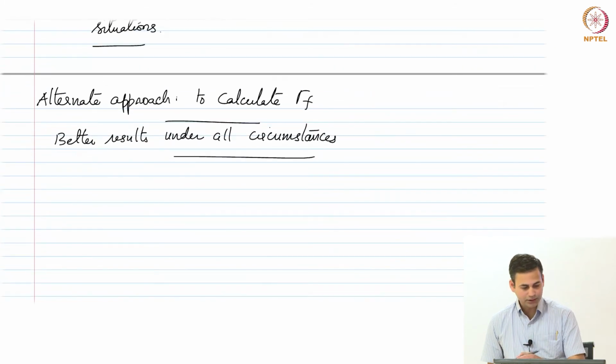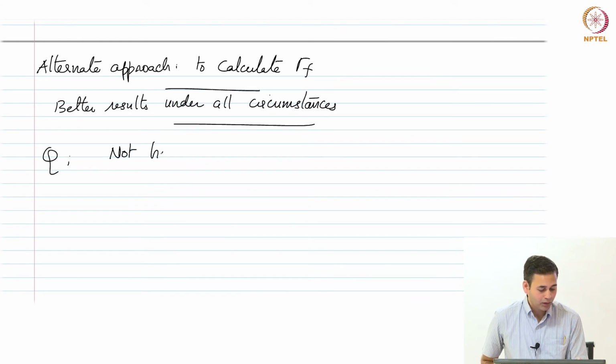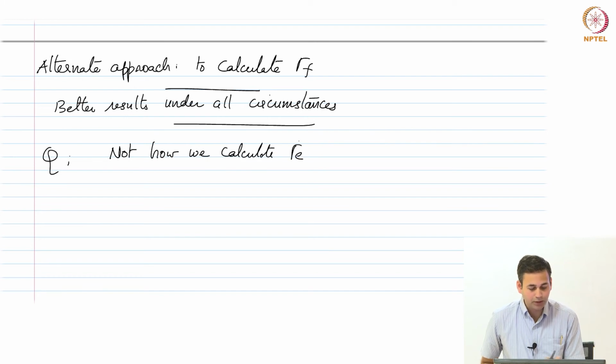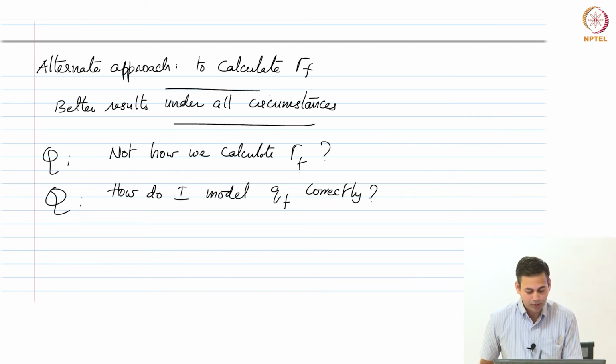Before that, the question we have to ask ourselves is not how we calculate gamma e or gamma f. This is not the question. The correct question is actually how do I model the heat flux that is going in through the face correctly.